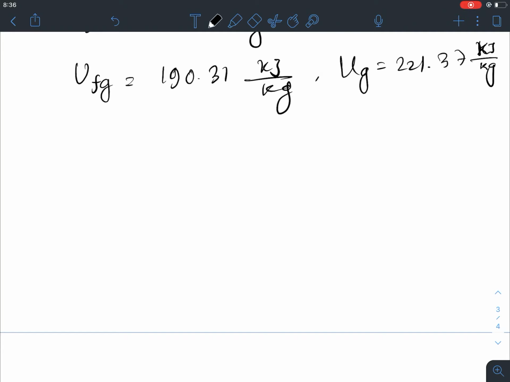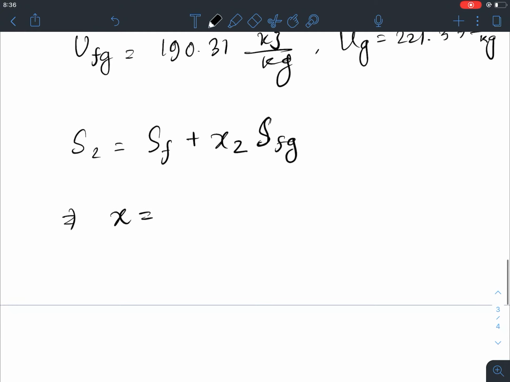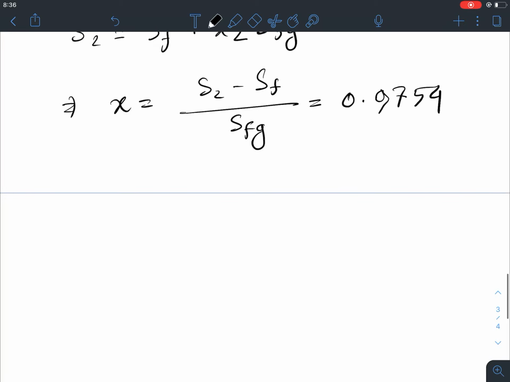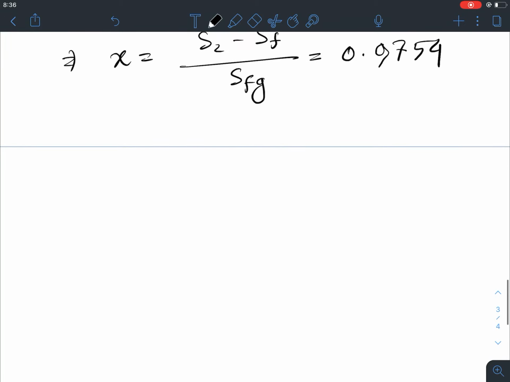Let's determine the entropy at state 2 first. We know that entropy at state 1 and state 2 is the same, but we don't know the quality of the refrigerant, right? So s2 equals sf plus x2 times sfg, so x2 will become (s2 minus sf) divided by sfg. If I plug in all those values, I get 0.9754, right? This is the 97% quality.